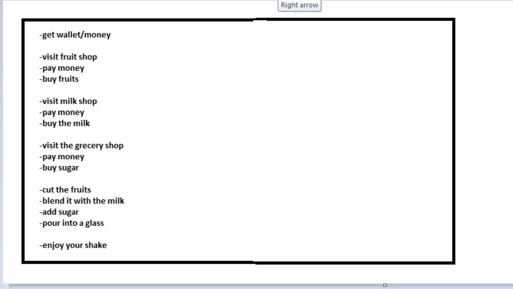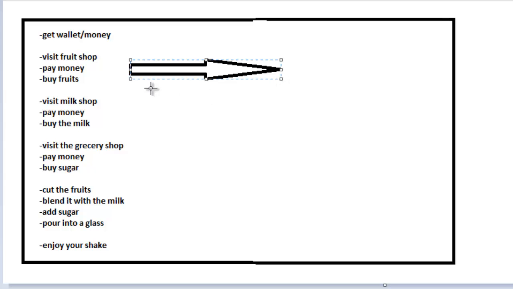Now let me explain to you what a function means. So instead of visiting the shop one by one, what we'll do is ask some other person to go to the shop and bring me the ingredients. So for example, let's say this is a guy who is going to the market and he will get me the fruits.